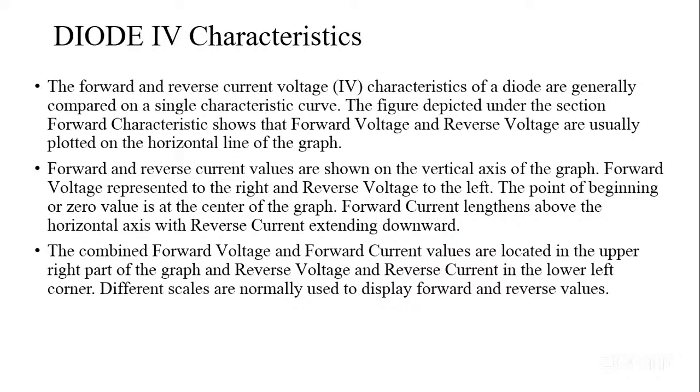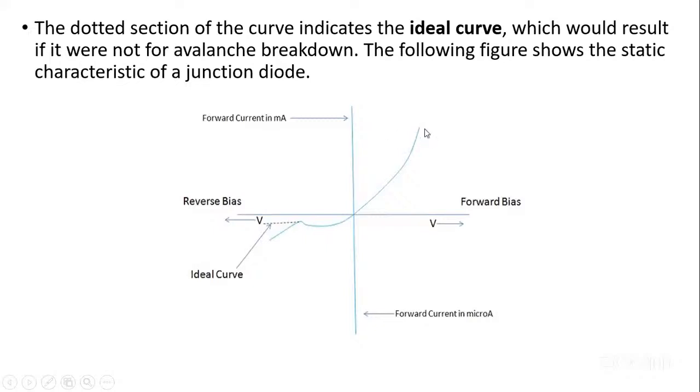The point of beginning of the zero value is at the center of the graph. A forward current extends above the horizontal axis and the reverse current extends downward. So this graph is just telling us what is happening in the forward and reverse sections of the semiconductor device.